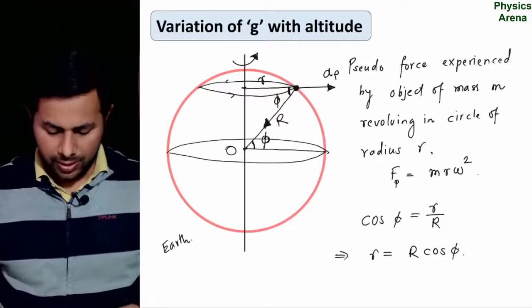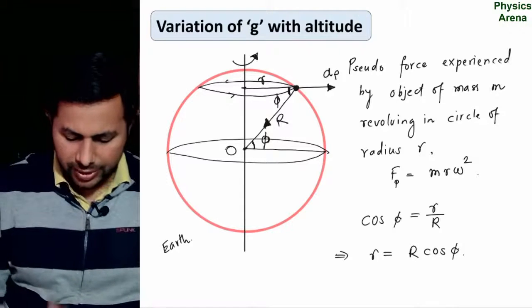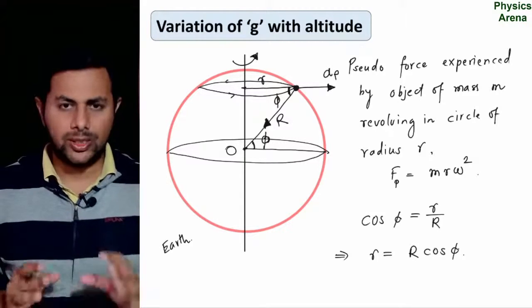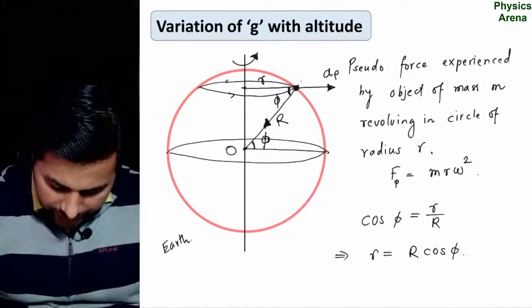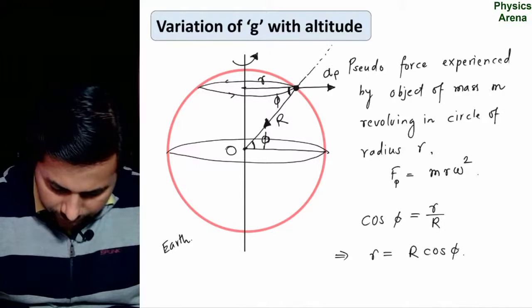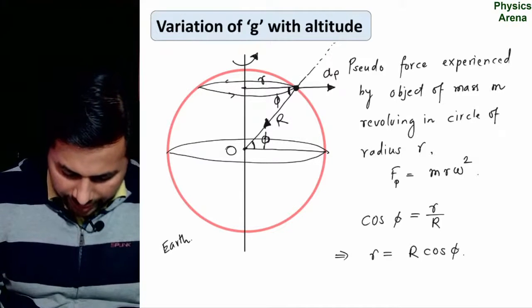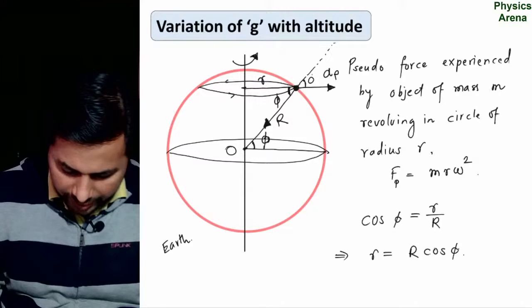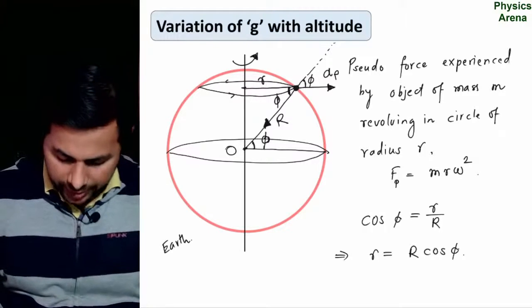Now if we take this acceleration due to the pseudo force and resolve it into two perpendicular components, then if I extend this line, this angle is phi, and this angle will also be phi, as a vertically opposite angle.